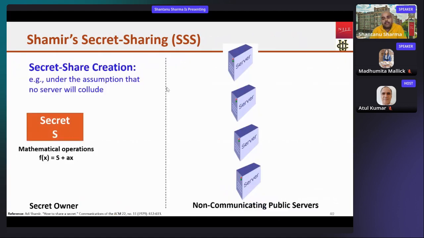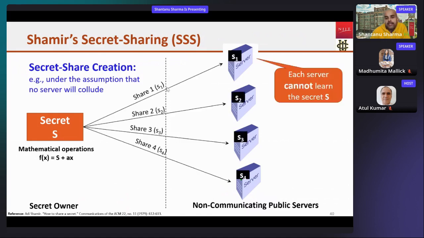Here is another picture for the secret sharing based technique. Suppose the database owner has a secret value s, and it performs a simple polynomial operation to create the shares, f(x) = s + ax, a degree 1 polynomial, and it creates 4 different shares, and each server is not colluding with any other server. So all the servers s1, s2, s3 and s4 cannot learn the secret value.